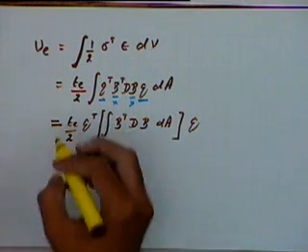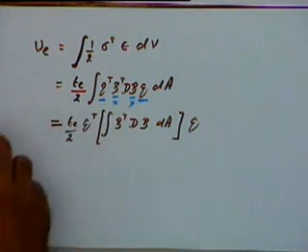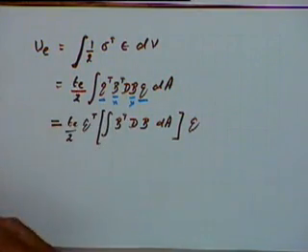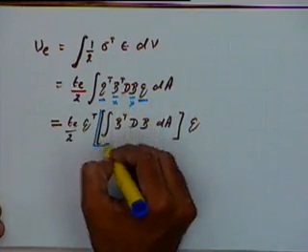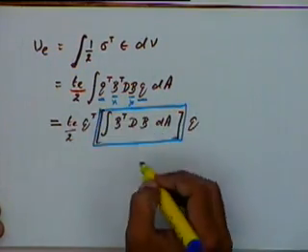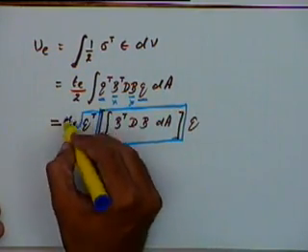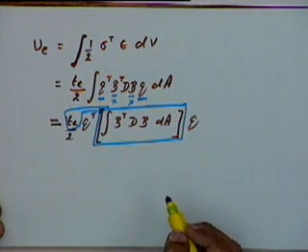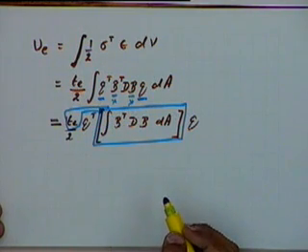Let's say I'll take TE inside, and we'll call this thing multiplied by TE our stiffness matrix.